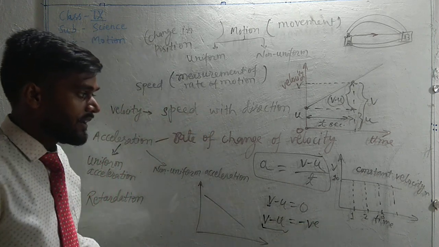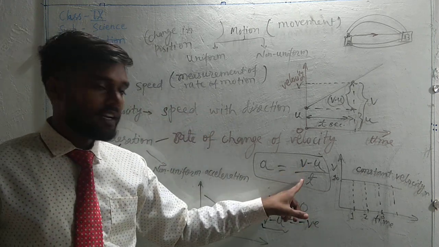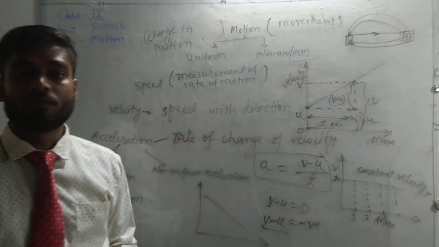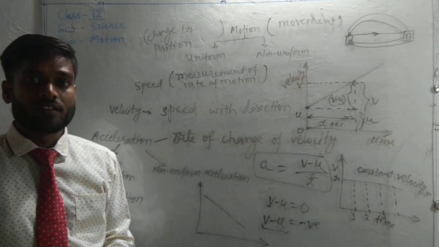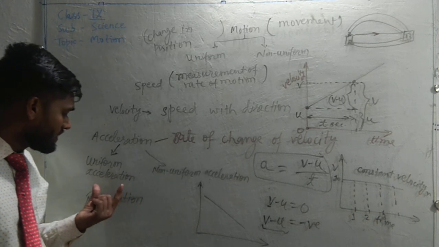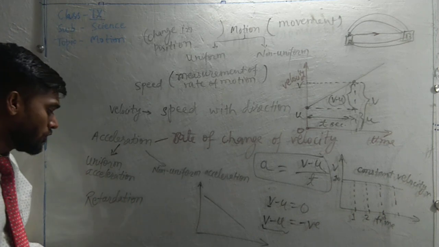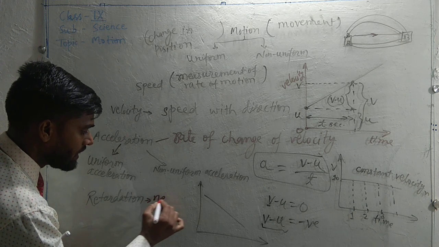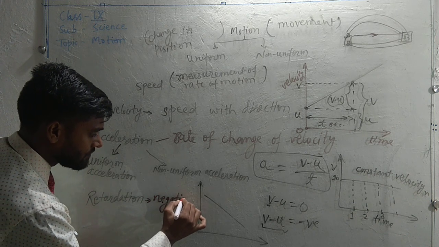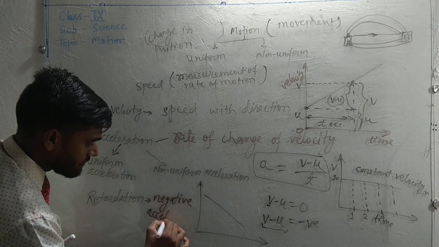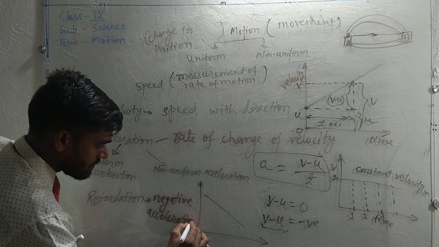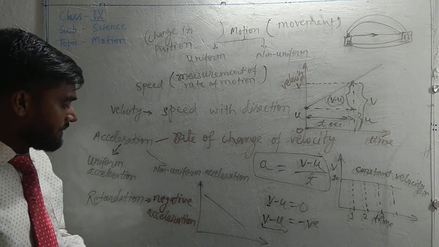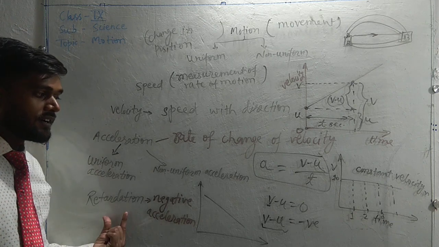And if the change is negative, the ratio will also be negative. So in that case we find a negative acceleration, which is termed as retardation. So retardation is nothing but negative acceleration.